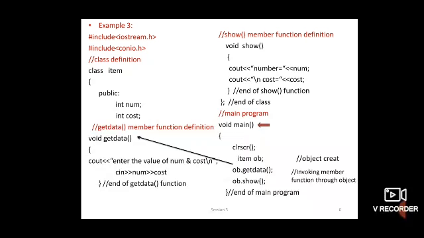Okay, execute the statements under the get data function. When the pointer reaches the end of get data, it goes back to the main program. The next statement is ob dot show, then again the pointer jumps to the show function and executes the statements written under it, printing the number and cost value.